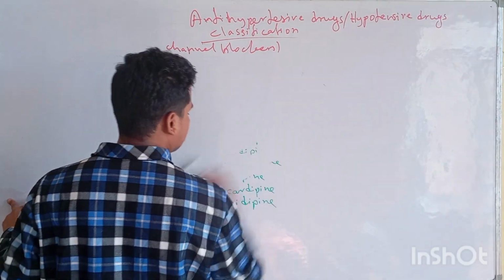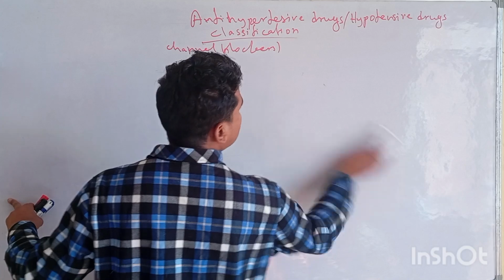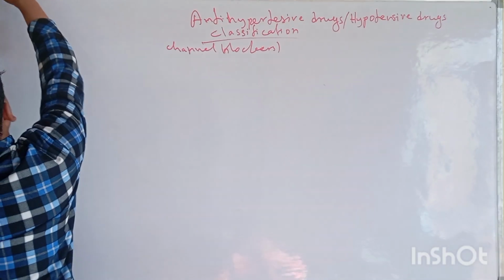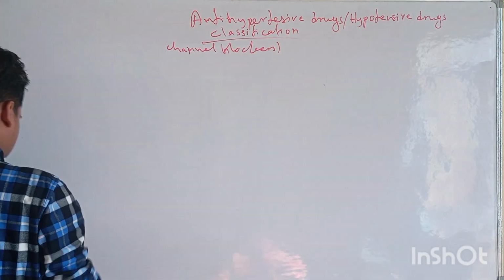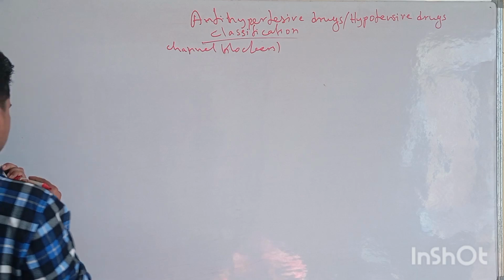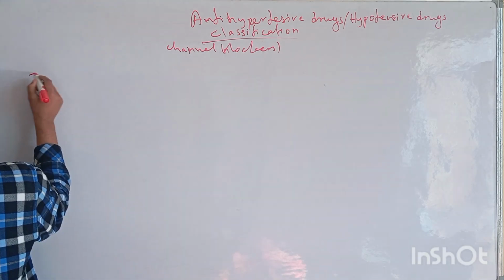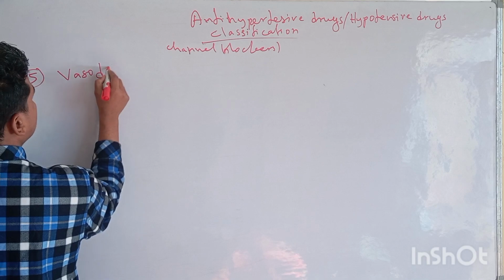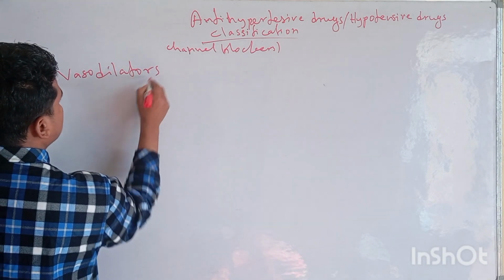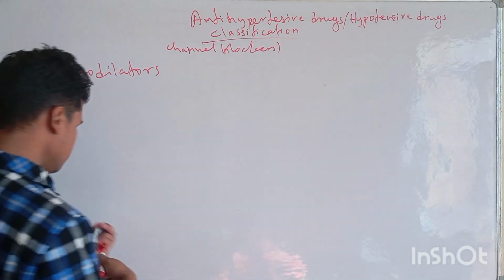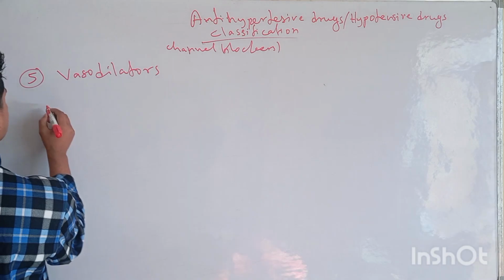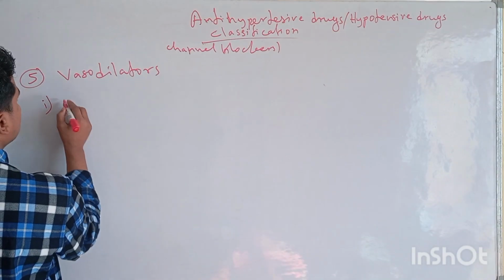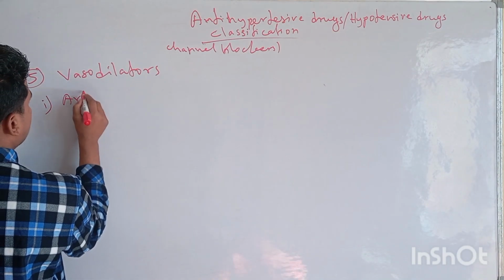There is one more category. We call it as vasodilators. Here also will be subcategories. Number 1, arteriolar dilator.